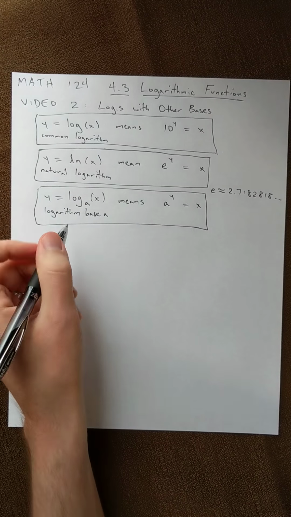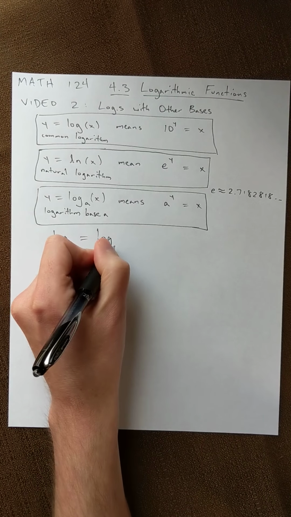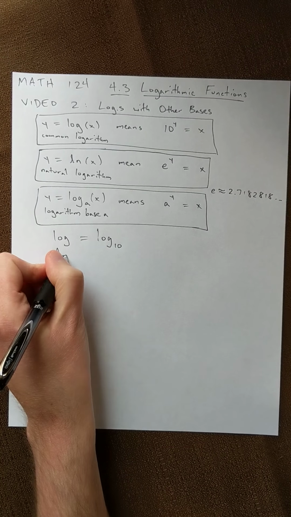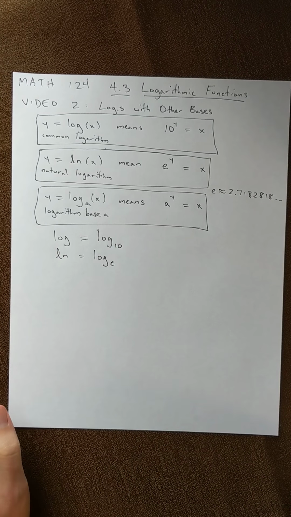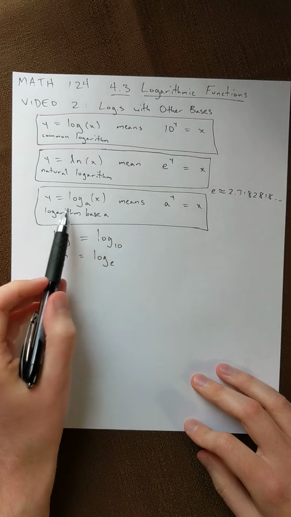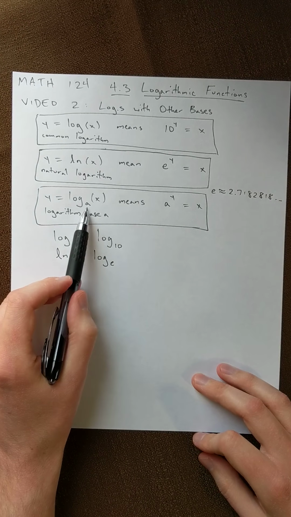So log is really a log where the base is 10, and ln is really a log where the base is e. So if you wanted to, you could just always use this notation, log, and then the subscript is the base. So the number down low, the number below other numbers, is the base.